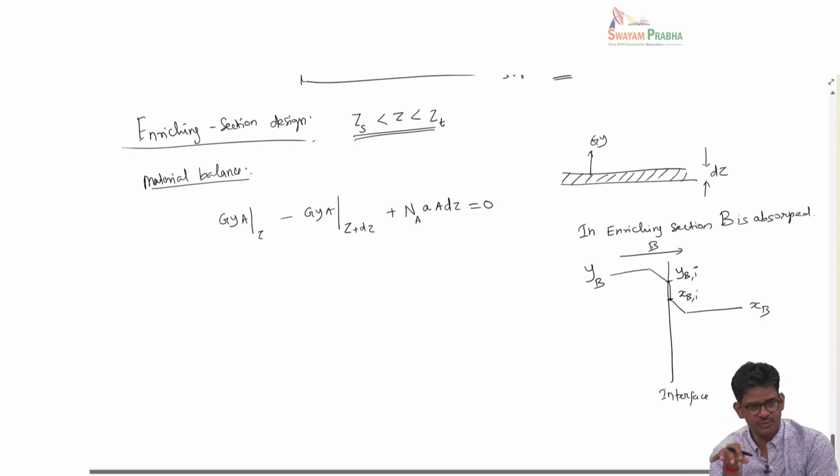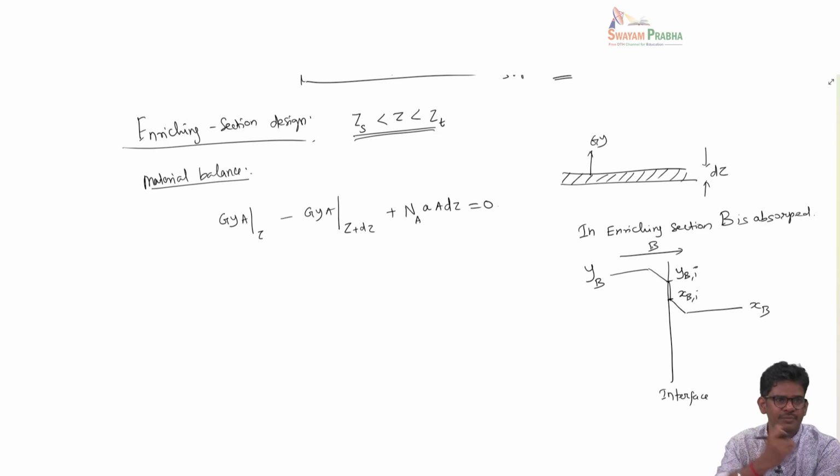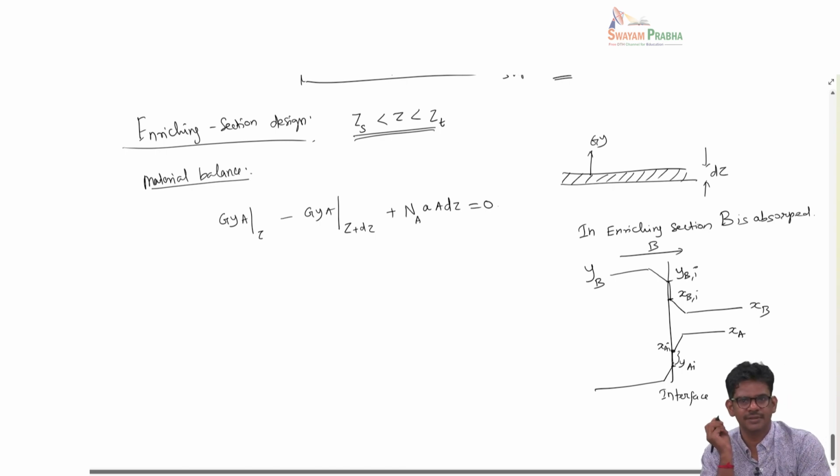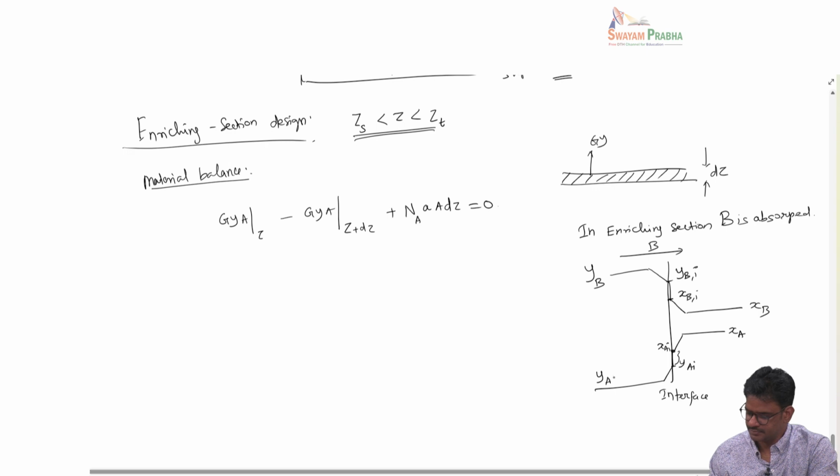In response to this, A will counter diffuse from liquid to vapor. So if I draw the composition for X, this is XA bulk and this is XAI, the interfacial concentration, and then there will be an interfacial concentration in the vapor phase because of the equilibrium, and this would be the composition of A in the bulk. So here A is diffusing from liquid to vapor.